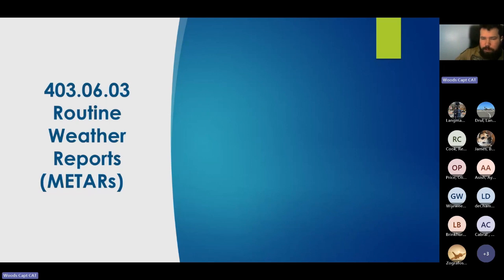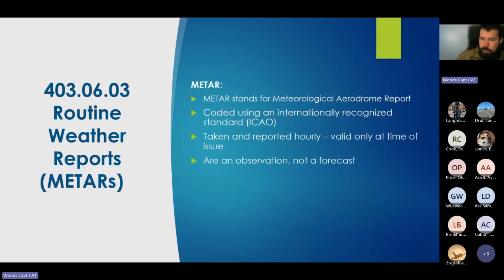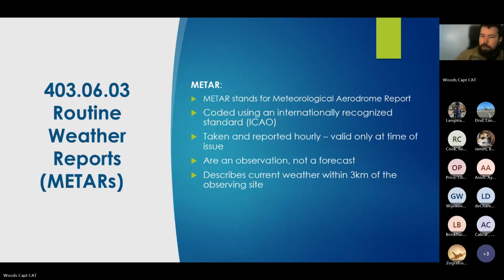So we're going to move on to the meat of the lesson, which is how to decode weather reports and forecasts. And it's really important that we know the difference between these two things. All right, so a METAR stands for a meteorological aerodrome report. And it's really important that we remember that a METAR is an observation of the current weather at an airport.